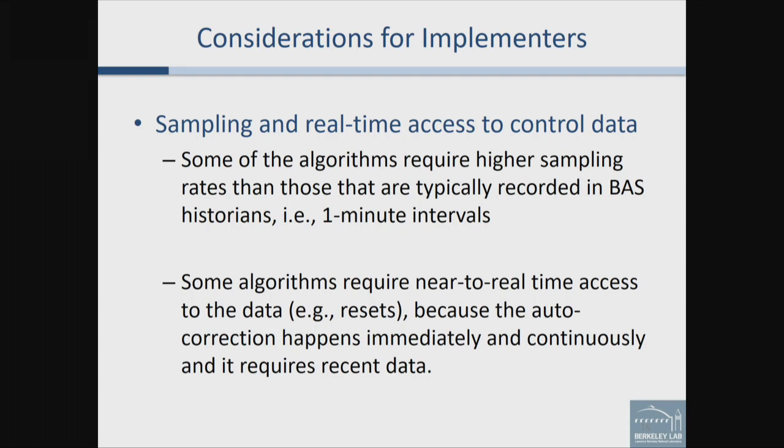Also, some FDD tools, when they say they collect real-time data, it is not actually real-time. They may collect the data once a day and then use analytics to analyze the past day's data.